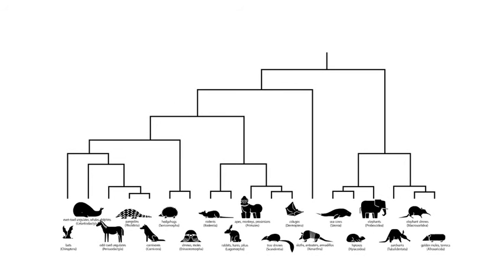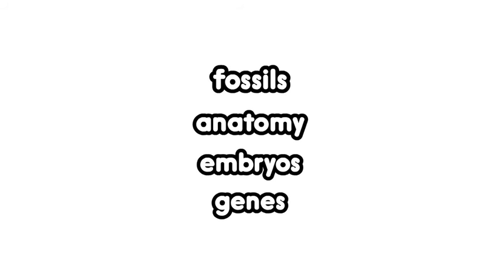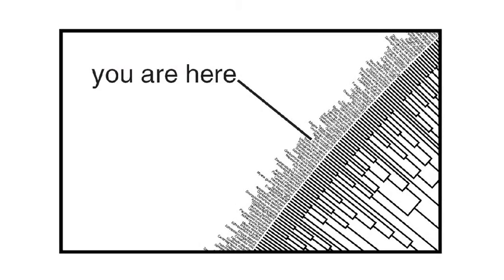But it still needs to be matched with evidence from other sources. Using evidence from all sources, fossils, anatomy, embryos, genes, will bring us closer to unraveling evolutionary relationships between life forms.